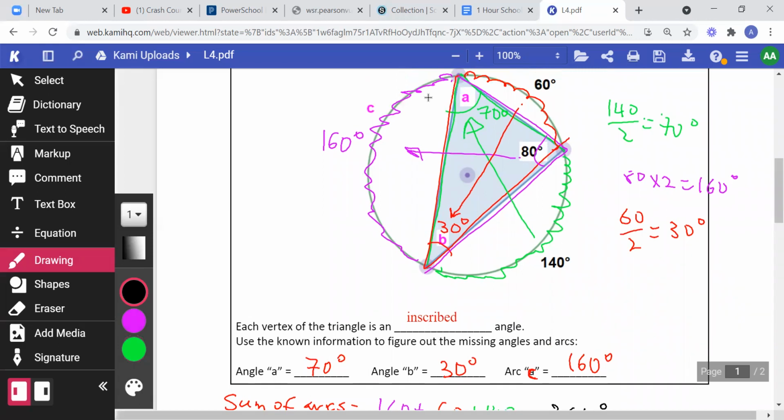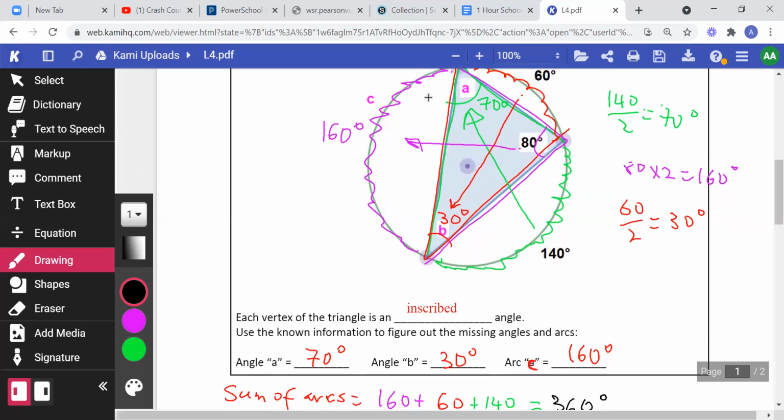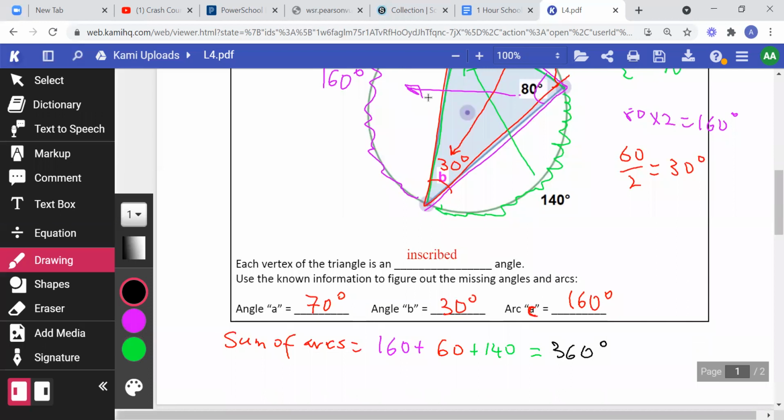That's why if one arc is missing, always do 360 minus the remaining arcs that you have information about. And then in this triangle, what do we notice? The sum of angles in the triangle.